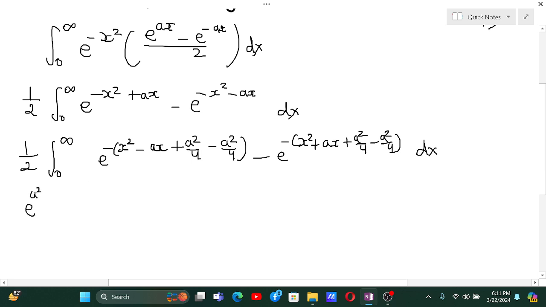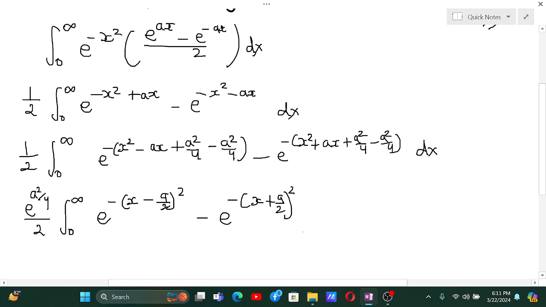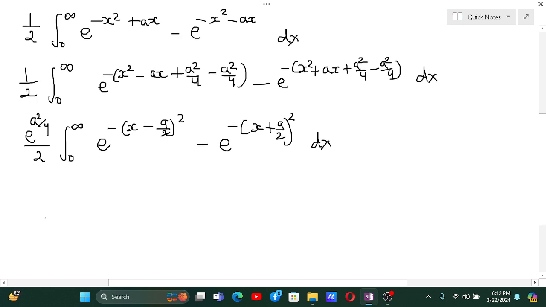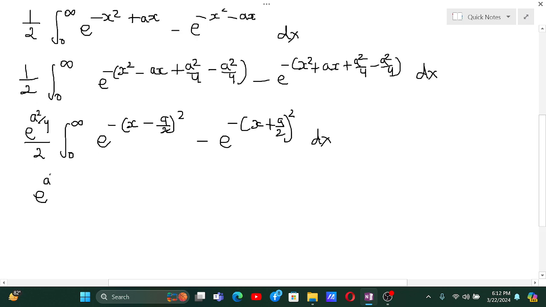e to the power a square by 4 by 2 integral from 0 to infinity e to the power minus of x minus a by 2 whole square minus e to the power minus of x plus a by 2 whole square dx. And we get e to the power a square by 4 by 2.